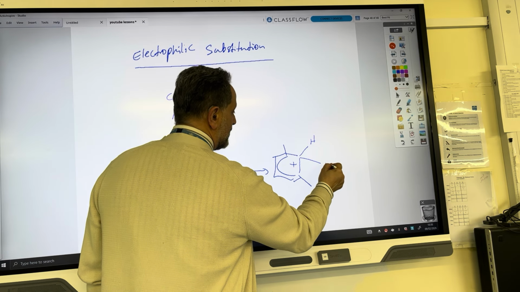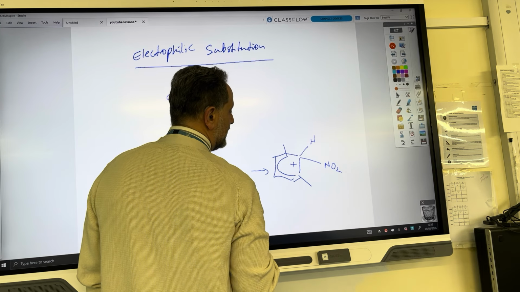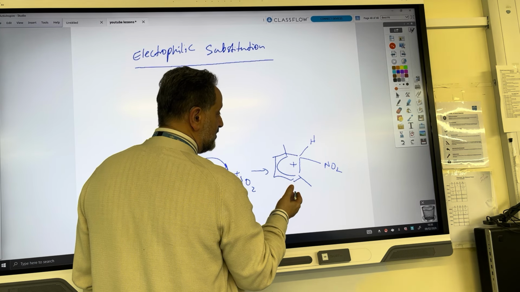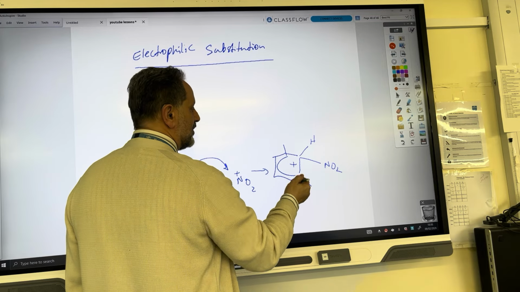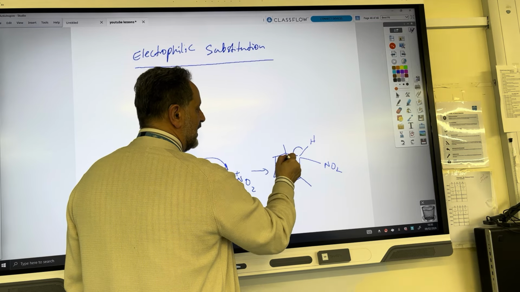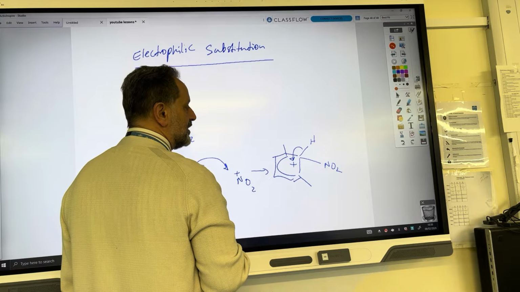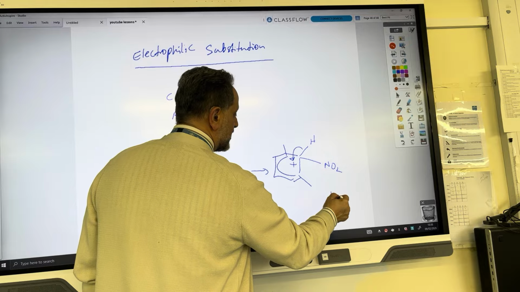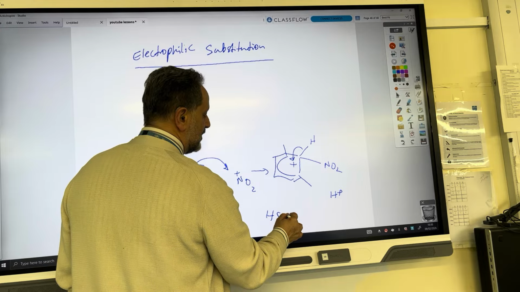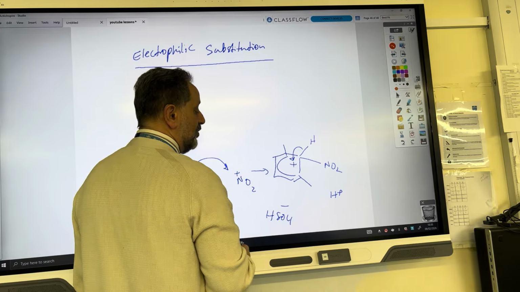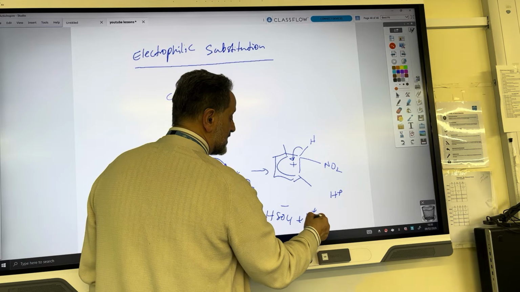But in this case you have NO2 over there, and then this is the intermediate, and then in order to reestablish the integrity of the compound, the electrons from the carbon-hydrogen bond go in there, hydrogen comes out as H plus, and H plus, please remember, will react with the HSO4 minus from the sulfuric acid that we use as catalyst.